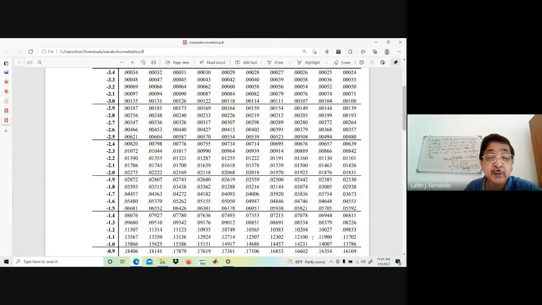I'm just asking to get the inverse normal curve value for 0.12. You have found 0.12100 and 0.11900, so in between you get this value. Minus 1.1.